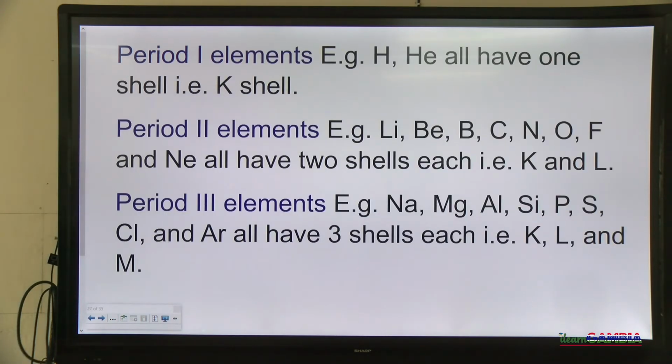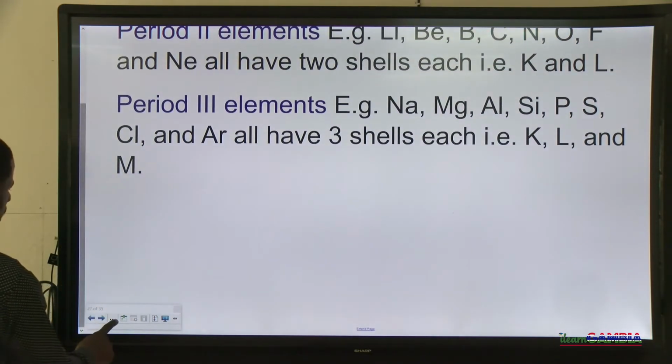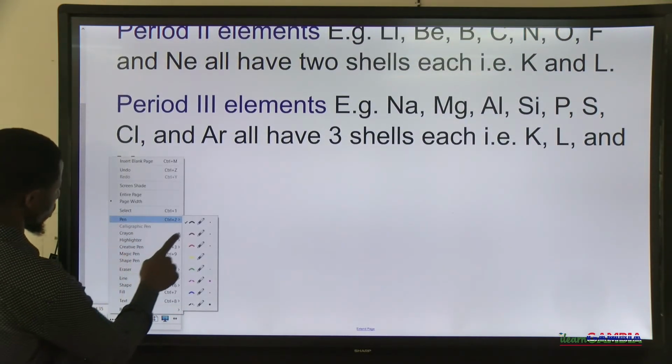Let's see, for example, here we have hydrogen and helium. They all have 1 shell, which is the K shell, so they belong to period 1 of the periodic table. We look at period 2 elements. Examples of period 2 elements are lithium, beryllium, boron, carbon, nitrogen, oxygen, fluorine, and neon. Looking at all these elements, this is how their electronic configuration will look.